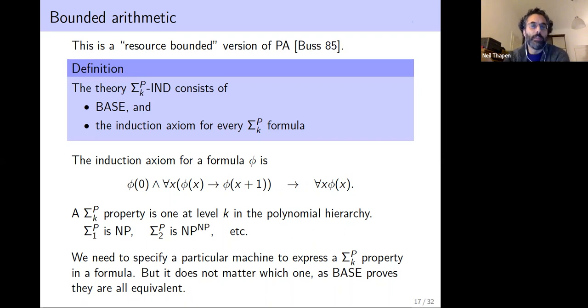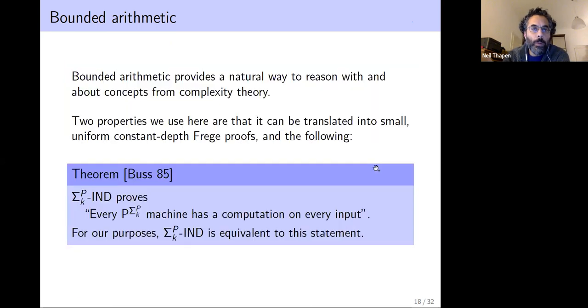So in the presence of this, we can just talk about these properties and we don't have to be careful specifying a machine. We're just talking about induction for NP formulas or induction for NP to the NP and so on.